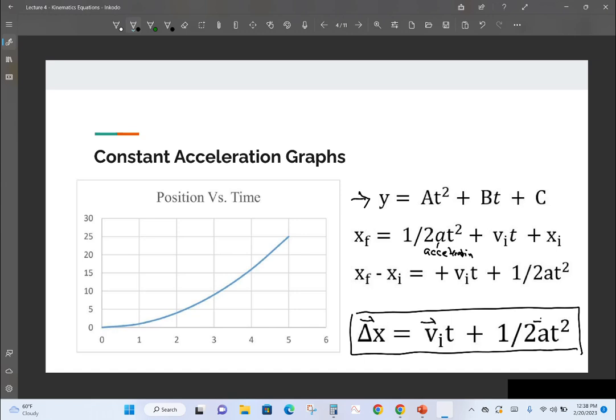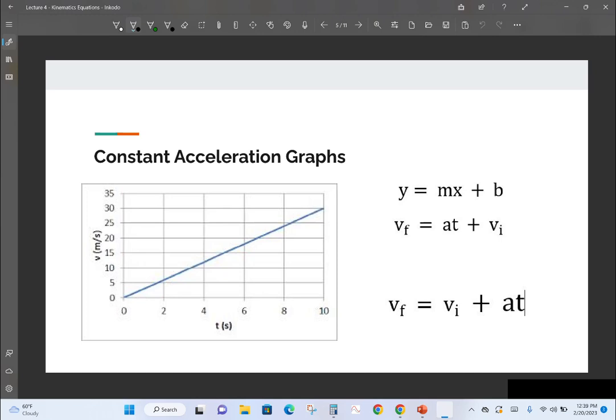So when we plug in for a's and for velocities and for positions, we're going to make sure that we plug in positives and negatives as needed. This is our first kinematics equation. It is basically the equation of the position graph for something accelerating. It's important for you to know that the kinematics equations only refer to something that is accelerating in time, not to something that is traveling at constant speed.